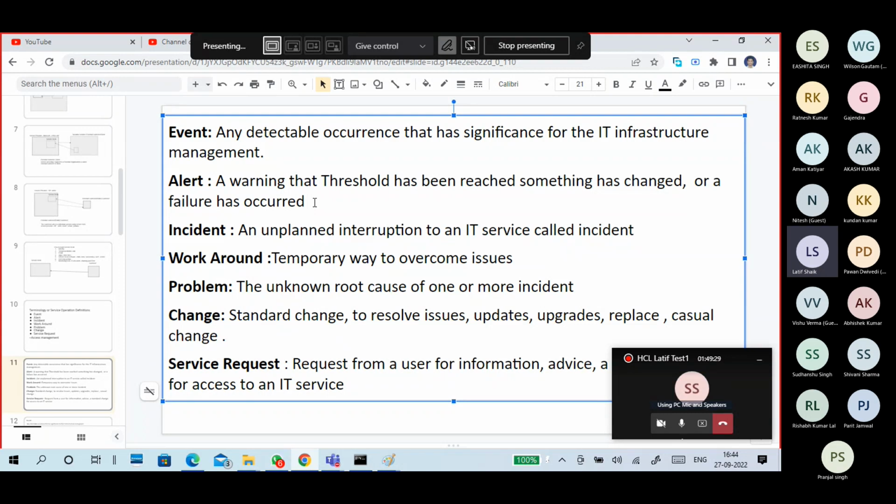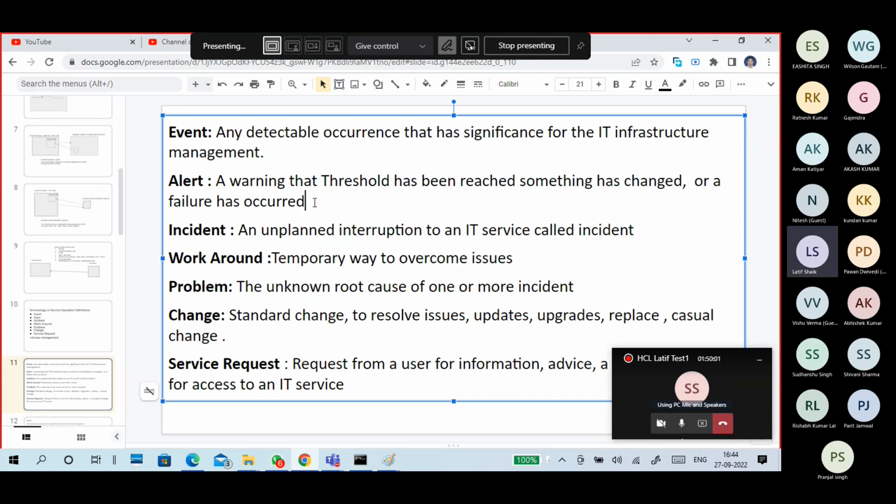An event is just noting down the situation, like with a pen and paper, writing logs and maintaining a log sheet: users login, user logout, user unable to access the printer, you took a backup and the backup was successful. You maintain logs. So these are all events only.